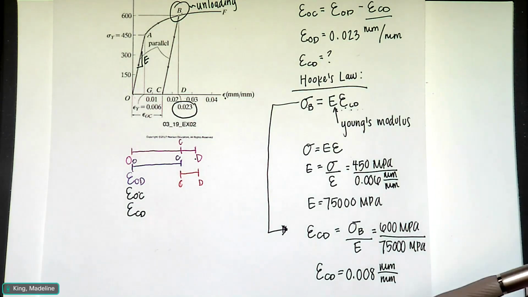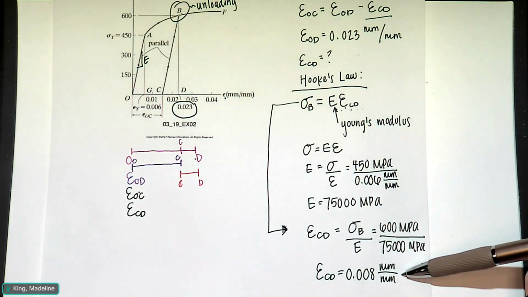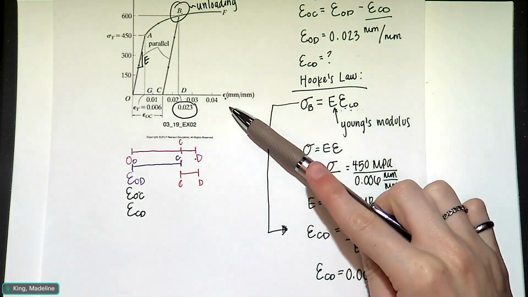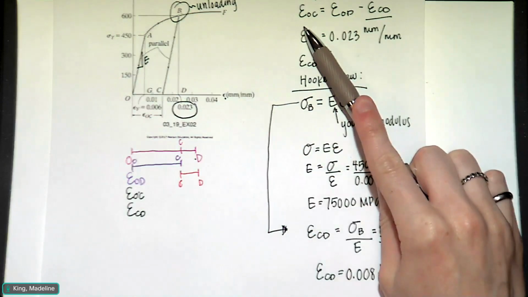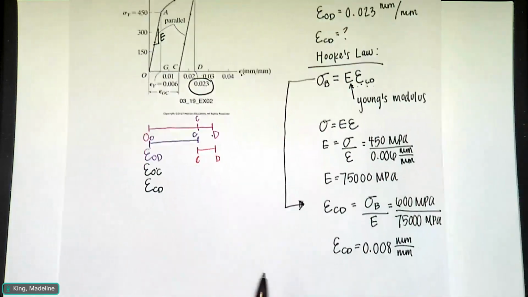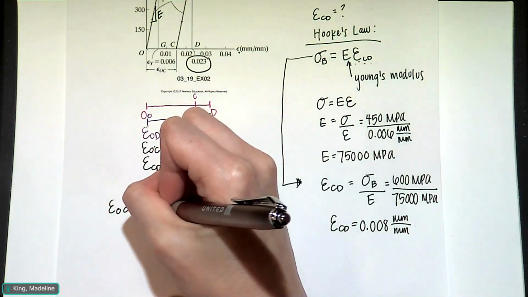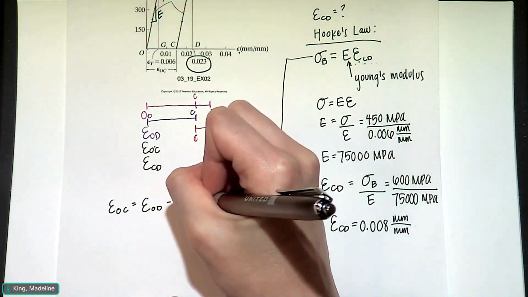So now that we have our epsilon CD, we know what our epsilon OD was from our stress strain graph. We can now find our epsilon OC. So epsilon OC is equal to epsilon OD minus epsilon CD.